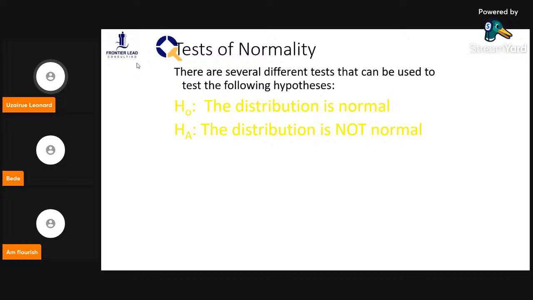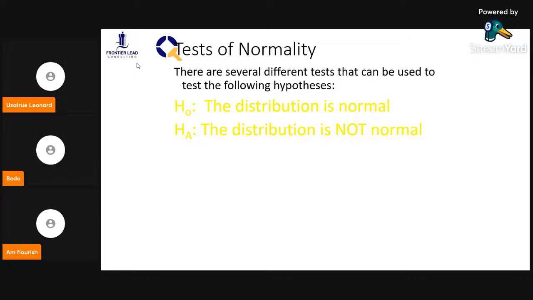It therefore means that when you run your normality test and your data is normally distributed, you will accept the null hypothesis and reject the alternate hypothesis. But if your data is not normally distributed, you will reject the null hypothesis and accept the alternate hypothesis.